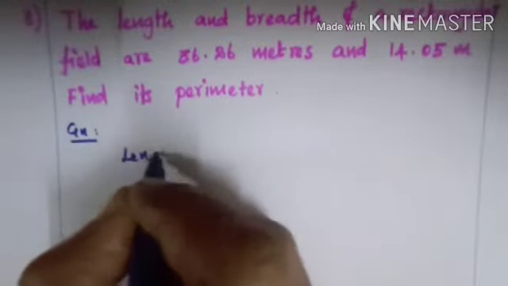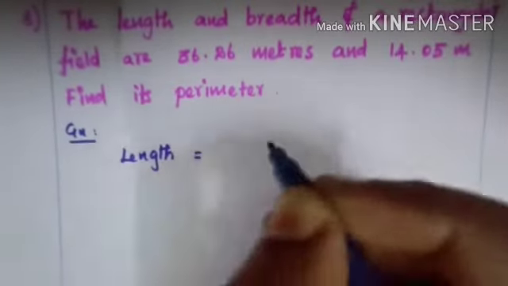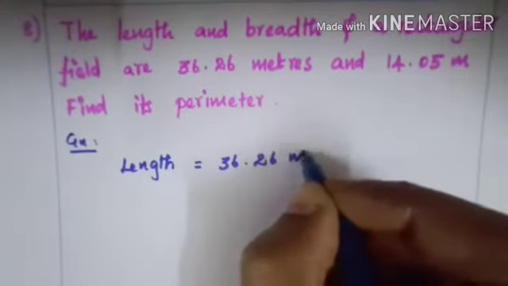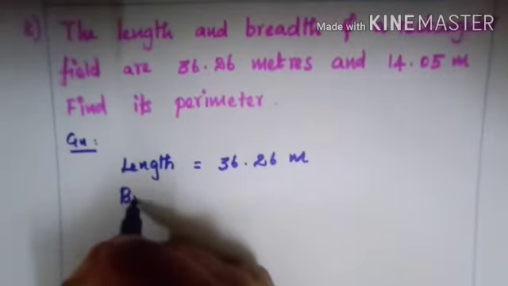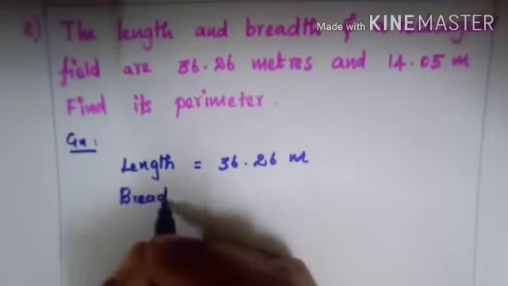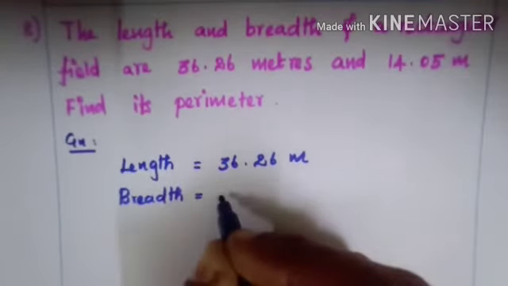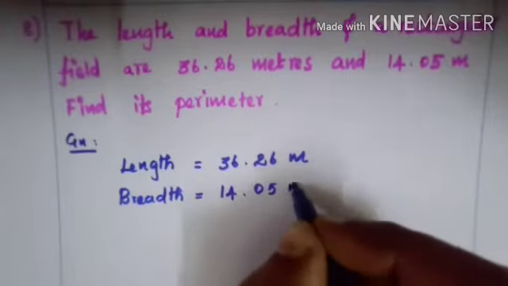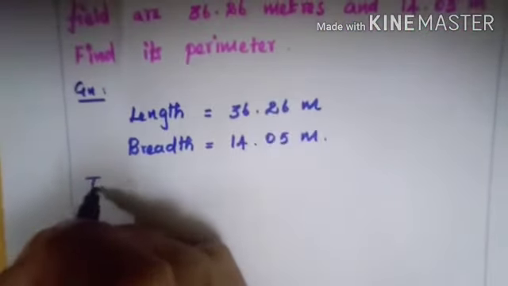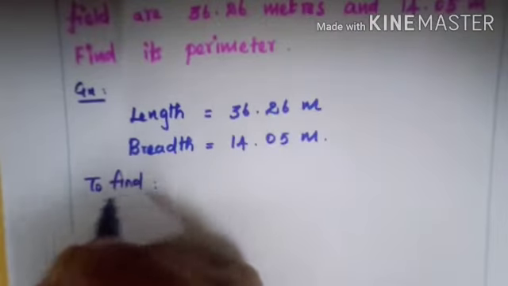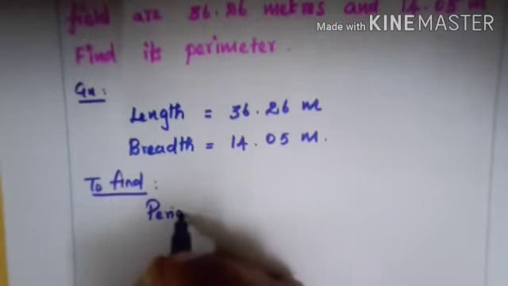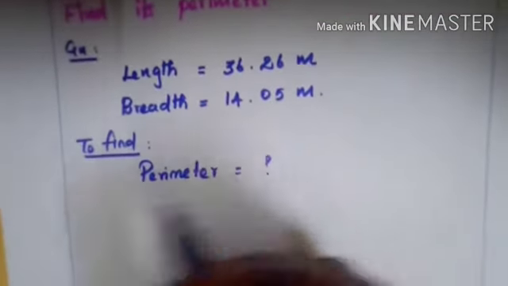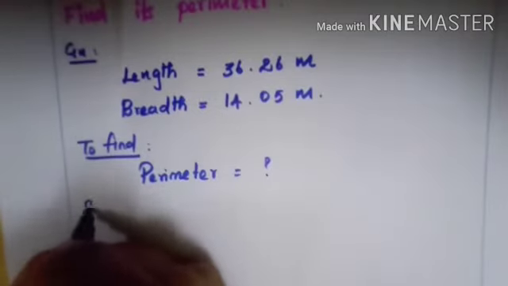The length of the rectangular field is equal to 36.26 meters and the breadth of the rectangular field is 14.05 meters. What you have to find out? The perimeter of the rectangular field. Perimeter means the total length of the rectangle.